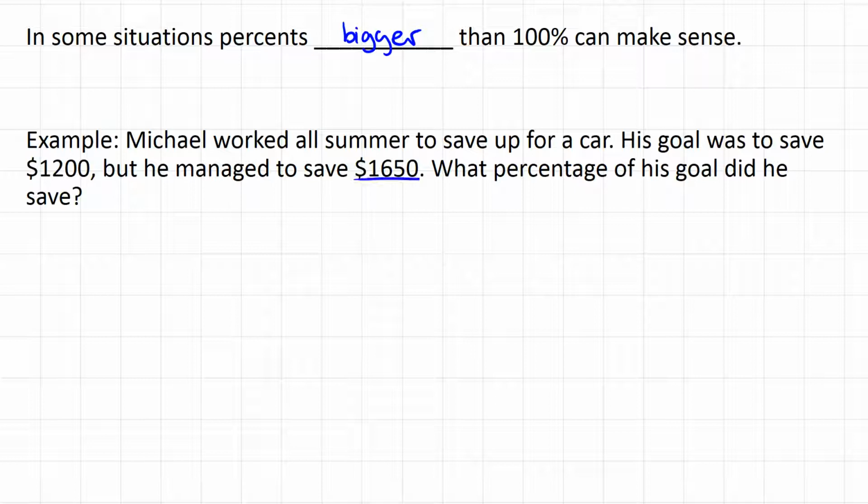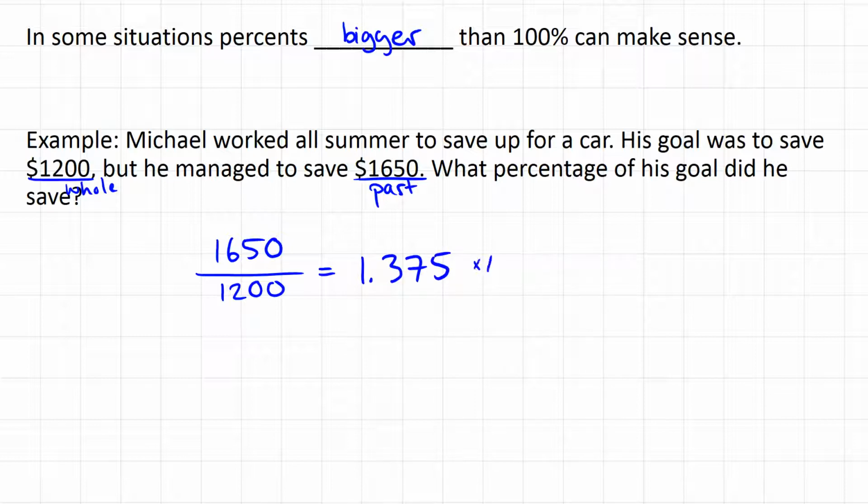Well, now this is basically our part, and here is our whole. His whole goal was just $1,200, but he managed to save $1,650. So if we divide those, we get a decimal of 1.375, and then we're going to times it by 100, and we get 137.5%.